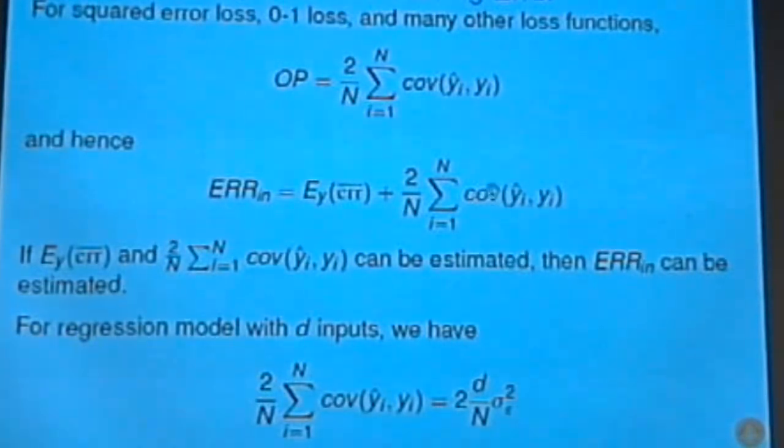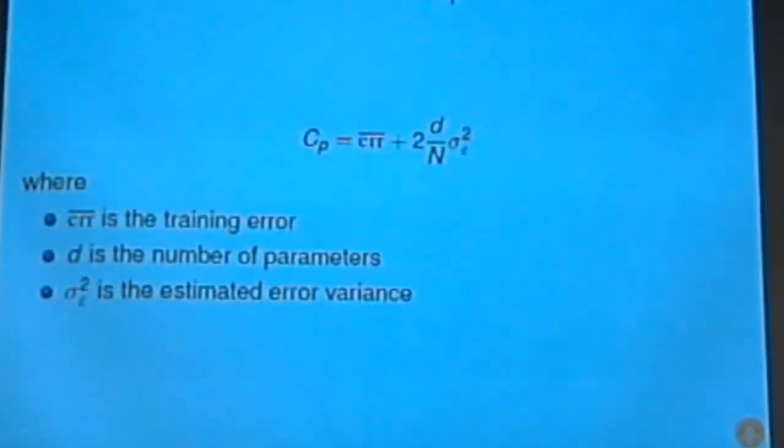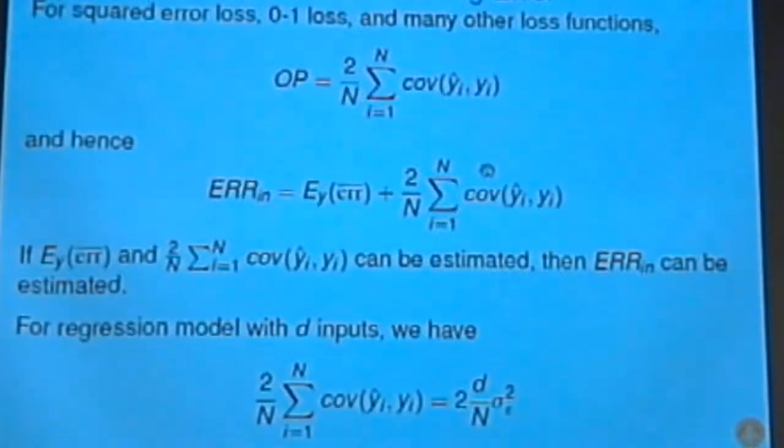And then here we have the covariance between the regression model and the inputs. Actually, this part is basically identical to this, and this is where some criteria come in. So Mallows' Cp is the apparent error rate plus a certain term here. And in this part, remember d is the number of inputs.